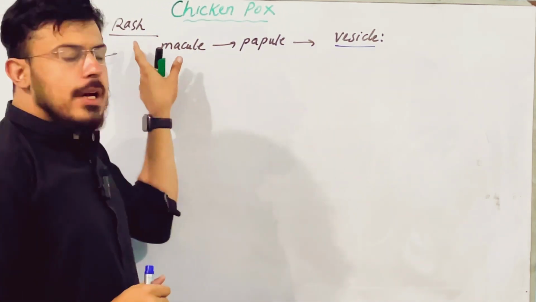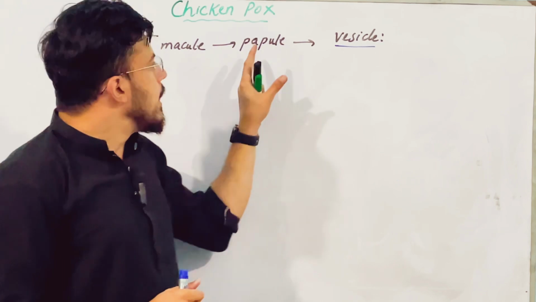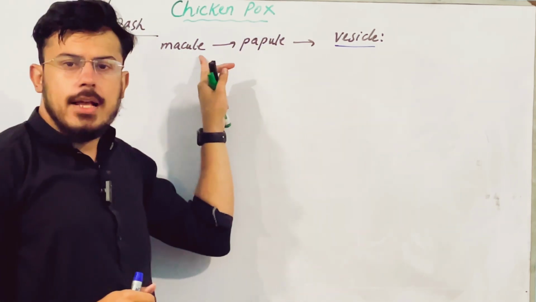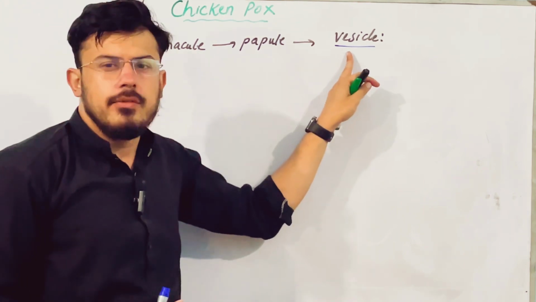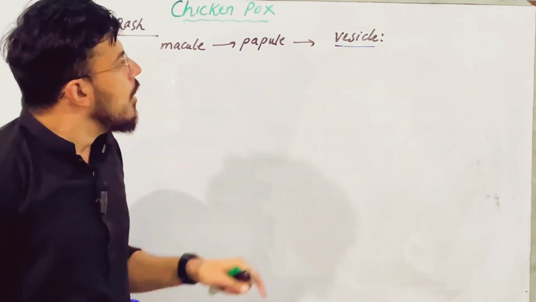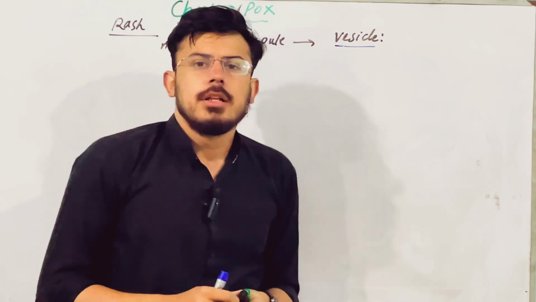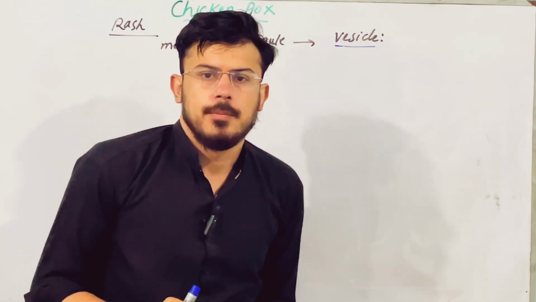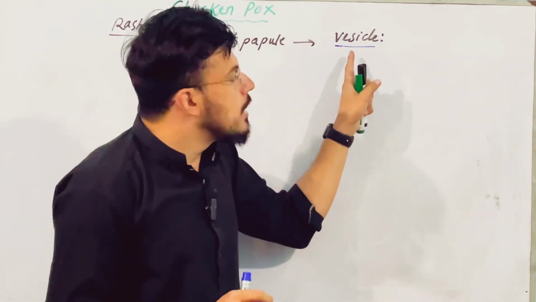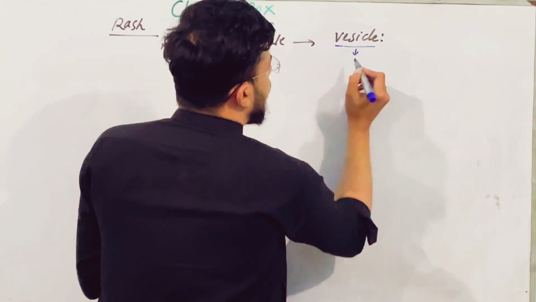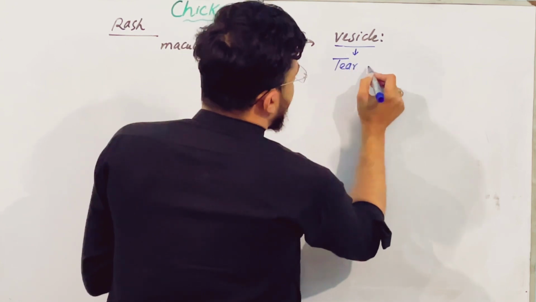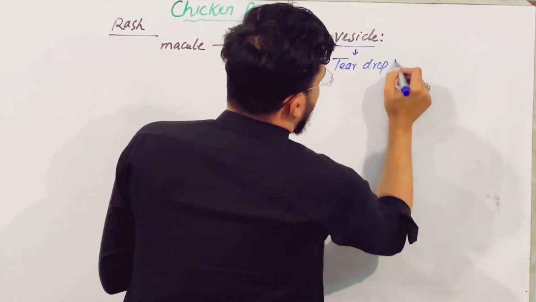So the pattern of rash in chickenpox is that it first appears as a macule, then becomes a papule, and ultimately becomes a vesicle. The vesicle in chickenpox has an erythematous base, and it is called a teardrop vesicle.